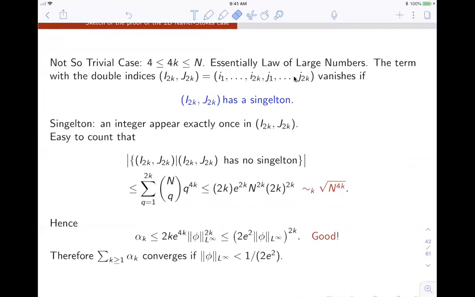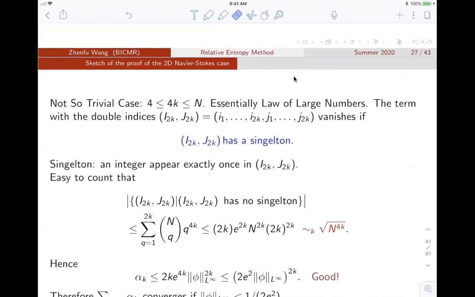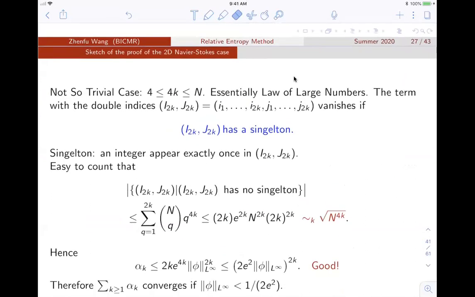In this case, we observe the following. The indices are I1 to I2k, J1 to J2k. As long as this double index has a singleton, which means there is an integer that appears exactly once in the double index, then the integral vanishes.